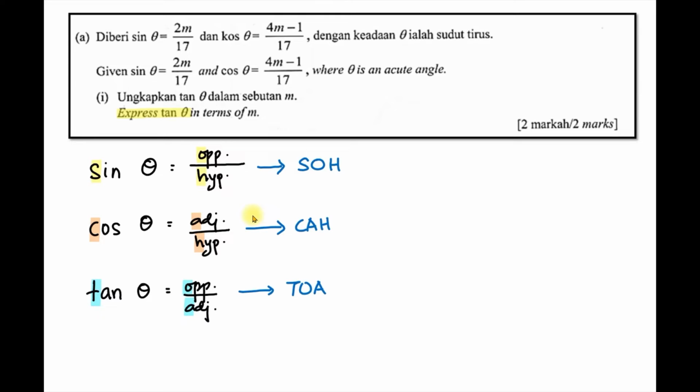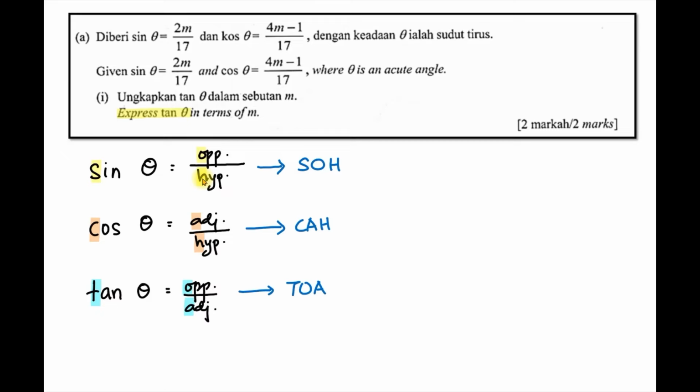So now that we know the formula, let's think about the information that's been given here. They said that sine theta is 2m over 17. Based on our formula, sine theta means opposite over hypotenuse.